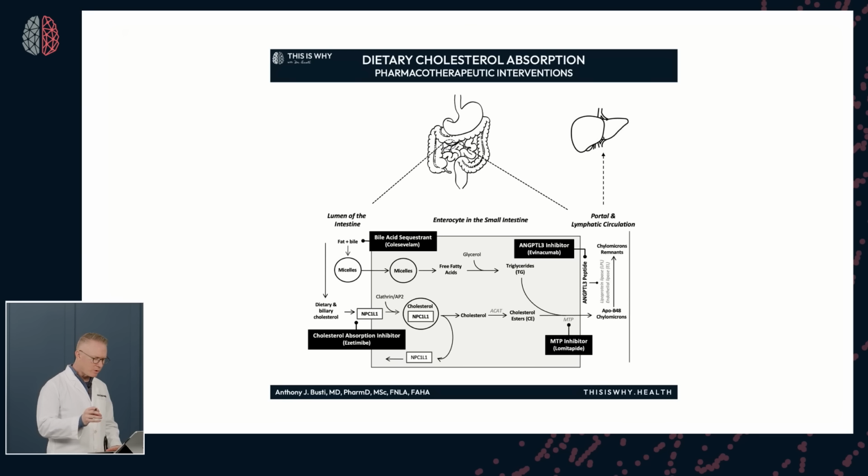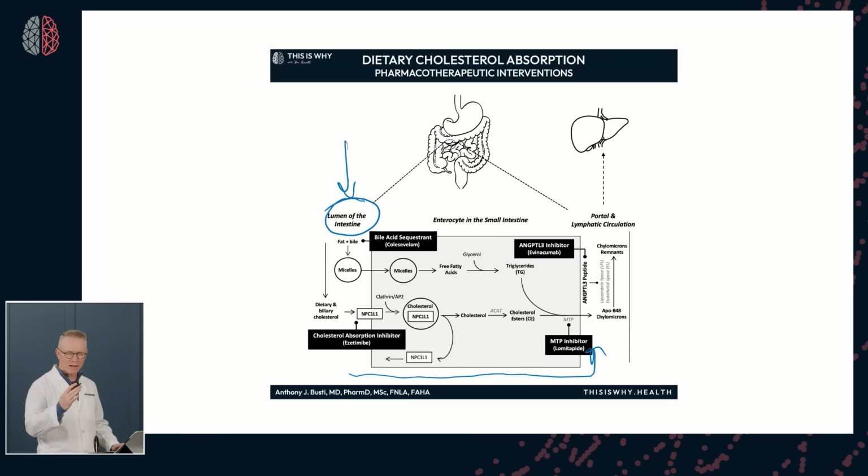So this is the point where we're going to dive into the lumen where cholesterol is being absorbed. So when we eat food, obviously, it goes into our stomach and then enters the small intestine. And once it enters the small intestine, we have to get it in and across the enterocyte over into the portal circulation that's going to go back to the liver over here and feed the liver with its components and the nutrients and then process and do other things.